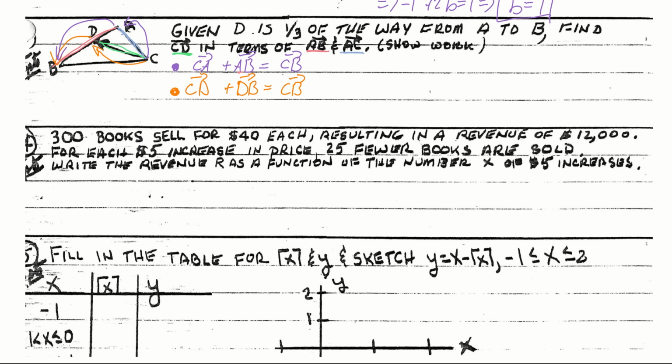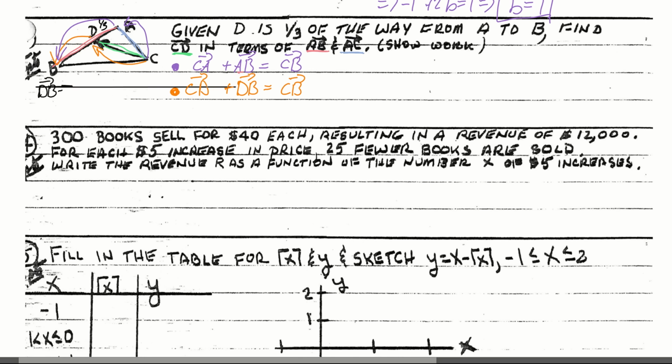But in our next equation, we have CD, that's helpful. DB is not helpful, but we can relate it to A and B, because D is 1/3 of the way through AB. So we know that D to B is going to be 2/3 of A to B.